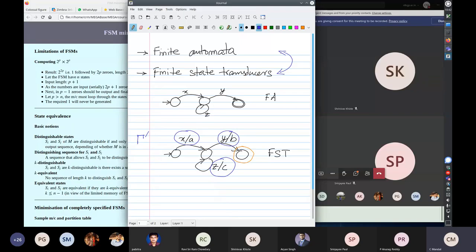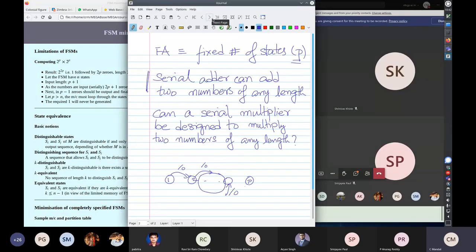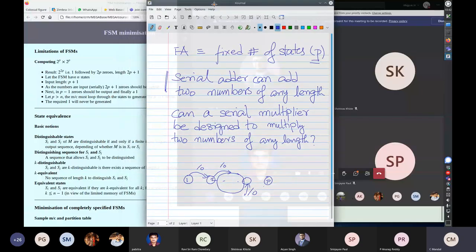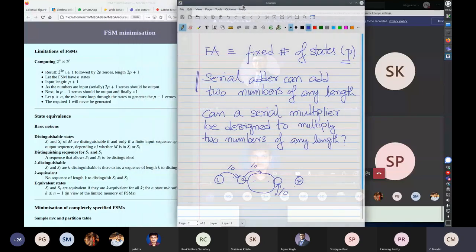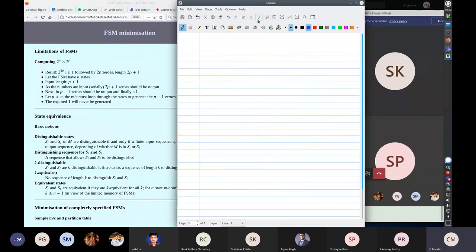So you could very well get into situations where you need to employ the automata theoretic principles for the design of your finite state transducers. In fact, we will need those concepts again now.